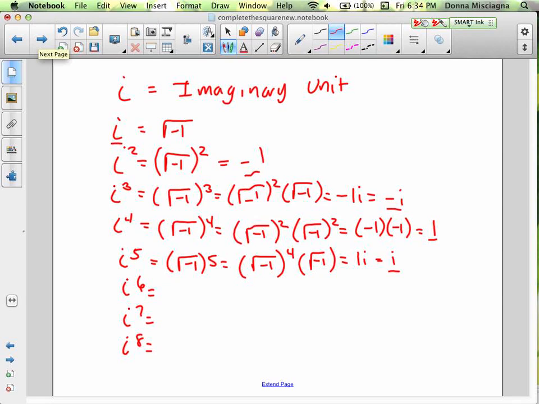All right, so i to the 6th. That would be the same as, well, I could take i cubed times i cubed, or I could take i to the 4th times i squared. Let's do that one.